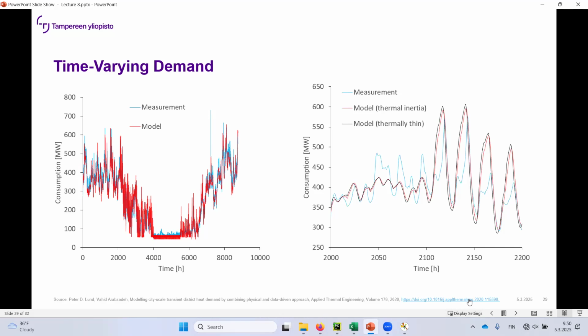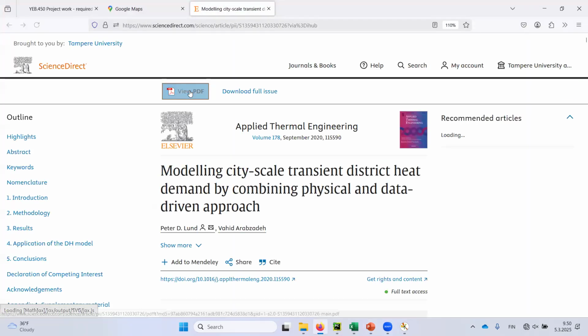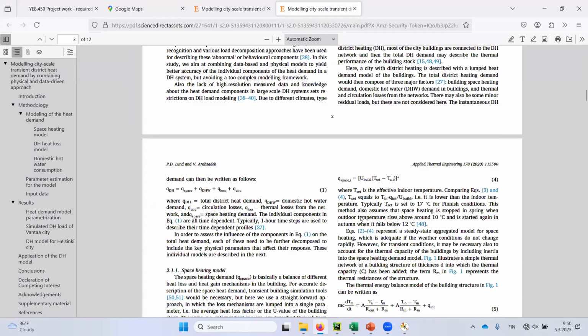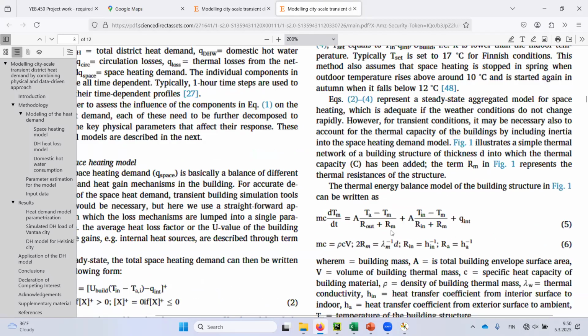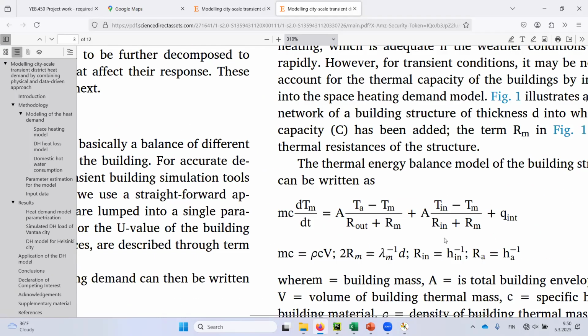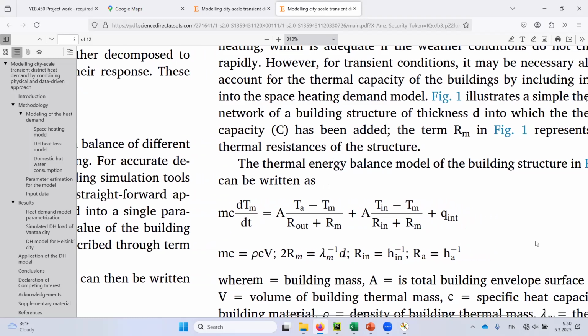But if you go to this article, let's see if I can open it from here, they also have a differential equation that they take into account in here. The structure thermal inertia. So that's why there is mCp dT/dt, or partial T, the partial derivative of the mean temperature of this wall as a function of time.